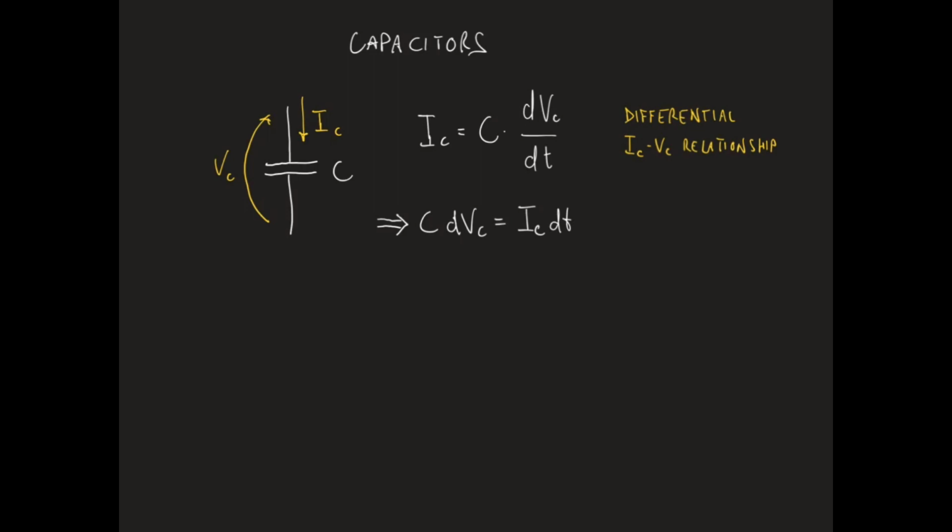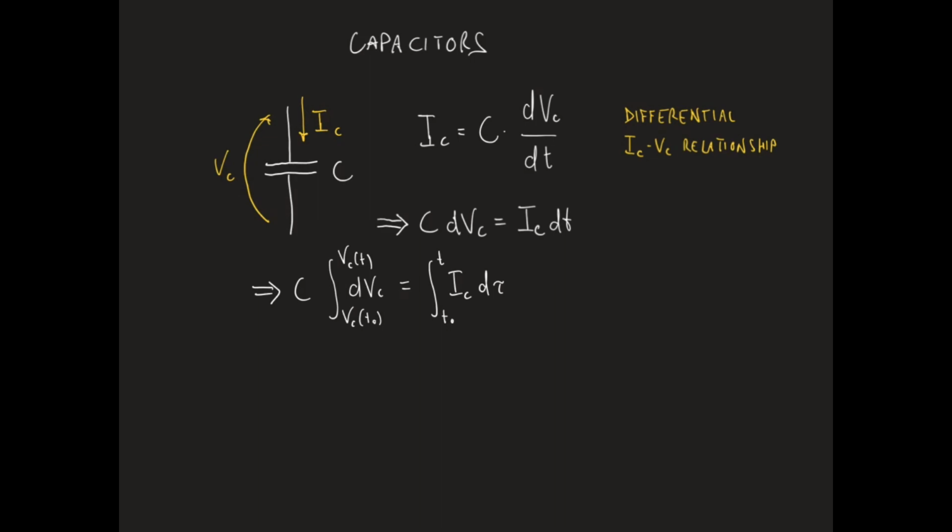We can then take the integral of both members of the equation, and in particular we can write that C times the integral between Vc at some time t0 and Vc in t of dVc is equal to the integral between t0 and t of IC in tau d tau.